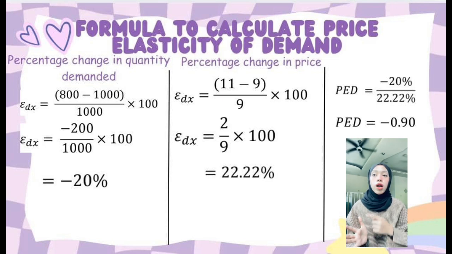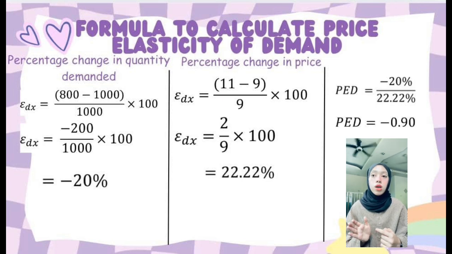So how to calculate percentage change in price? So (11 minus 9) per 9 multiply 100, you can get 2 per 9 multiply 100. The final answer is 22.22%.